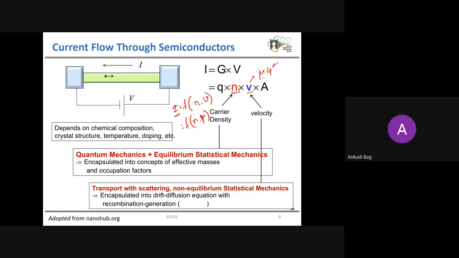The carrier concentration, how many carriers are available in your semiconductor, and how easily they can move through your semiconducting material, these two factors will essentially decide your current. Just as I mentioned, we'll try to quantify this conductivity or resistivity. So we need to calculate or quantify these two parameters: how many carriers are there and how easily these carriers can move within the semiconductor. We'll see how to calculate all this in the coming slides.